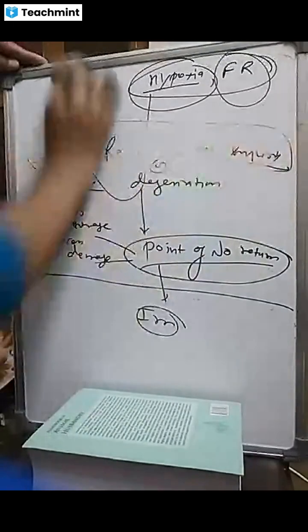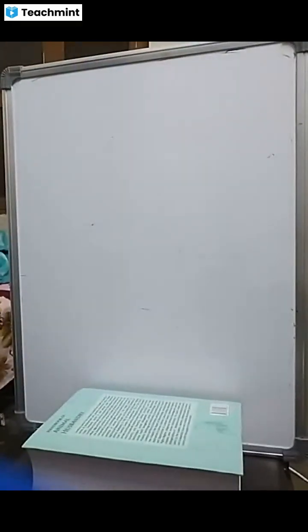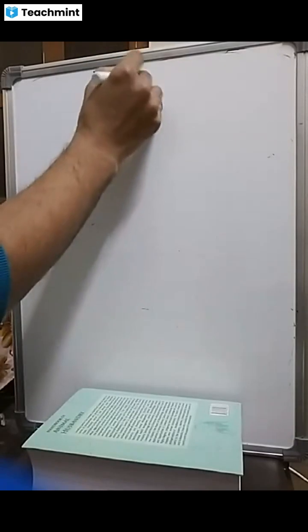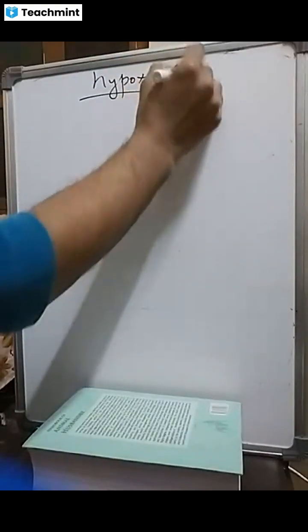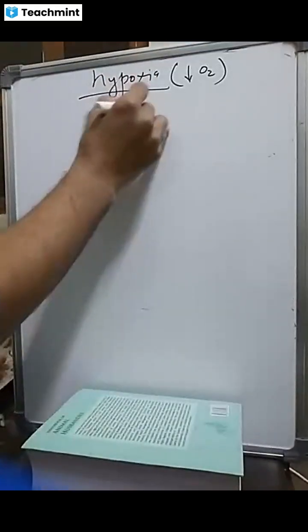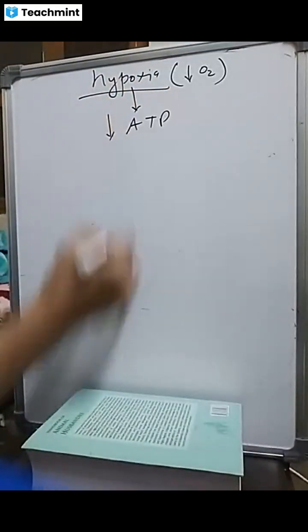So till now, I have explained cell swelling. Now we are moving towards the fatty change. Again, I will take the same example, the cause of cell injury, hypoxia, where the lung is producing less ATP.